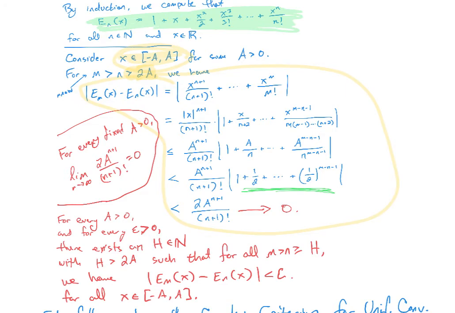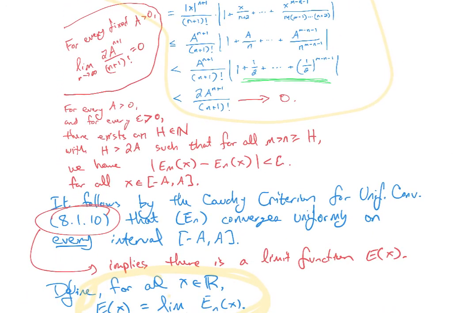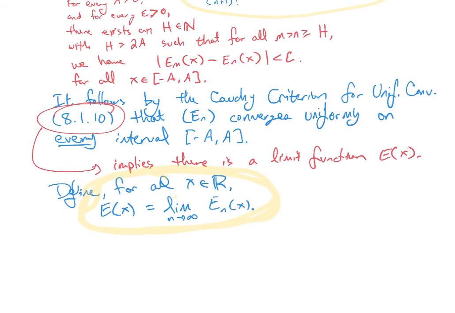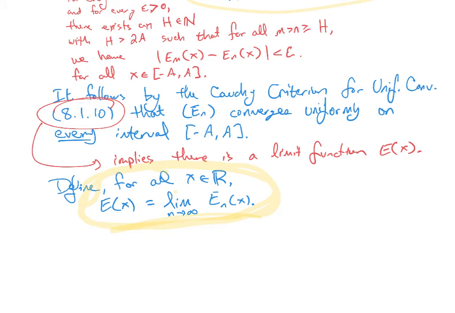So if you consider x to be fixed, what we showed above was that the sequence e sub n of x is a Cauchy sequence of real numbers, and therefore, based on stuff from chapter 3, it's clear that we have these limits. What we're getting out of the Cauchy criterion for uniform convergence is that the e sub n's converge to e sub x on any bounded interval uniformly.